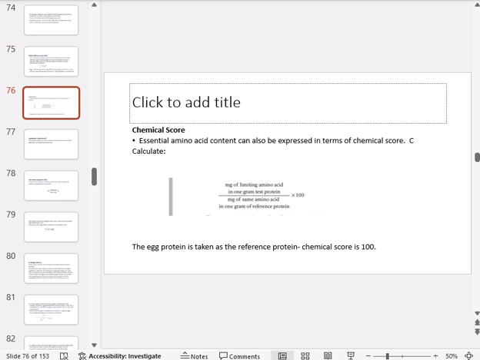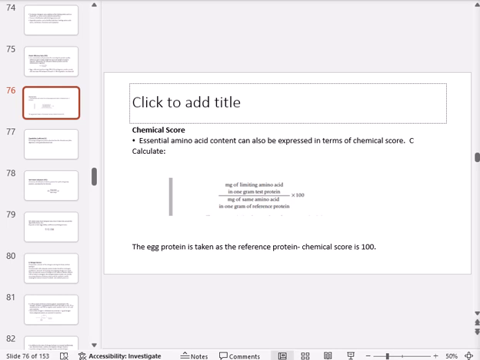The next thing we can look at is chemical score, and with chemical score we're looking at the essential amino acid content, which can be expressed using this formula: milligrams of limiting amino acid in 1 gram of test protein over milligrams of the same amino acid in 1 gram of the reference protein.